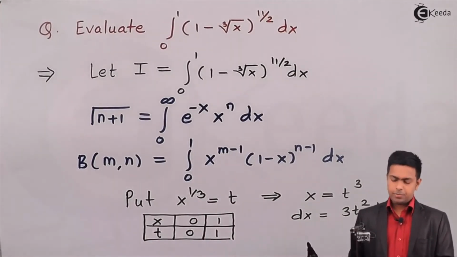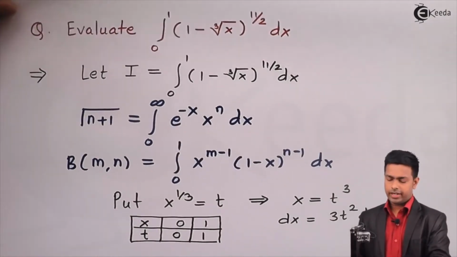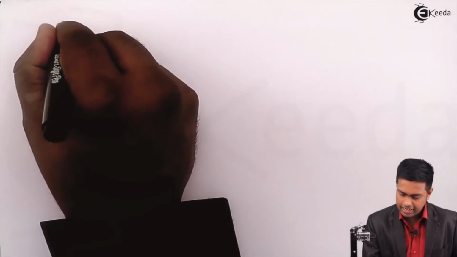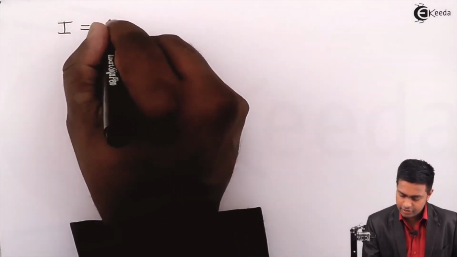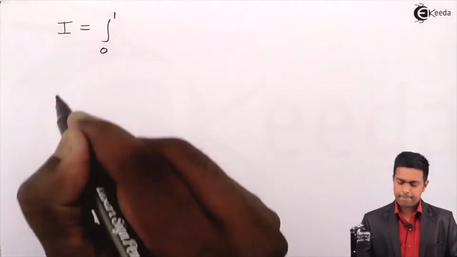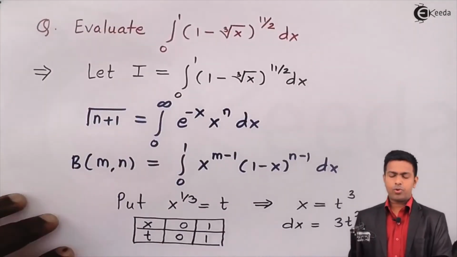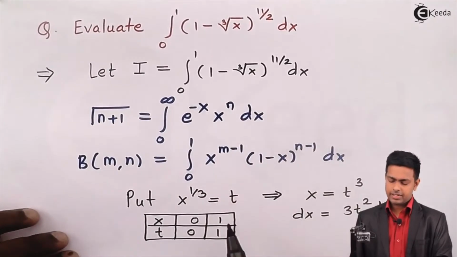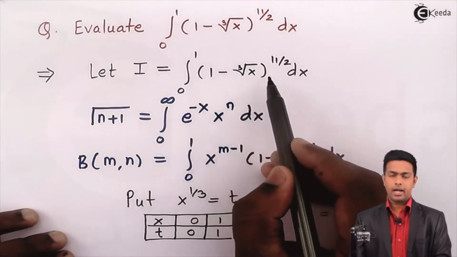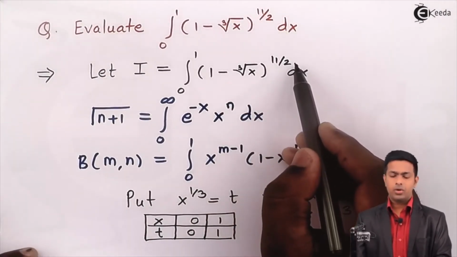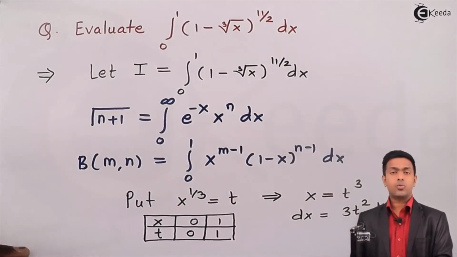Now let's substitute the values in the integration I. So here we'll get I equal to integration from 0 to 1, (1 minus, now cube root of x we have substituted as t, so here we'll get t) bracket raised to 11 by 2, and dx is 3t square dt.